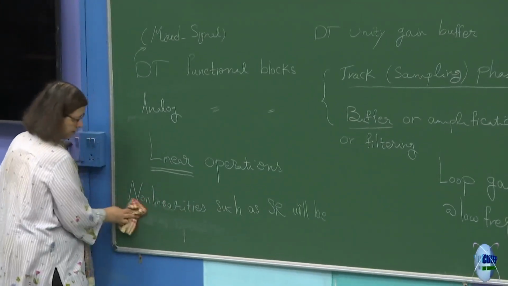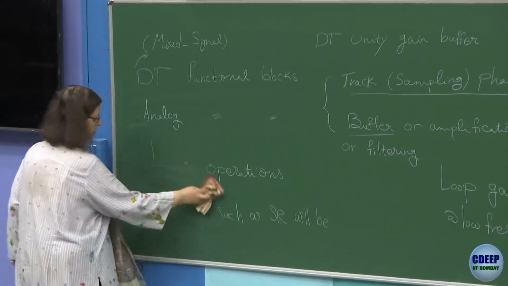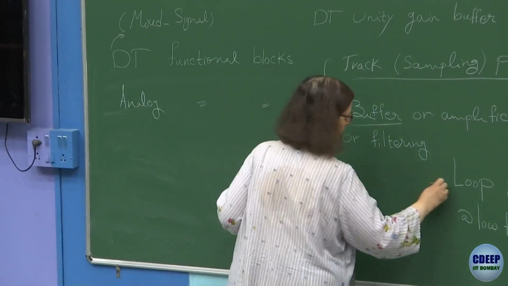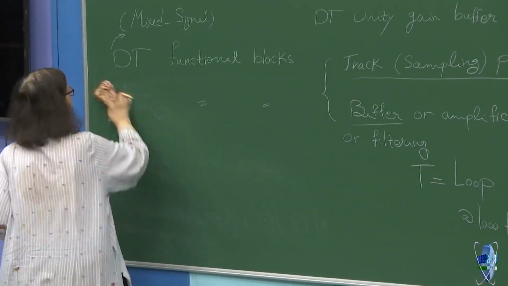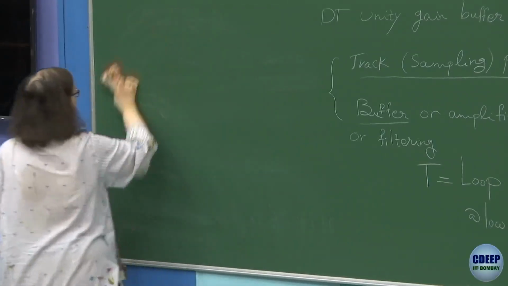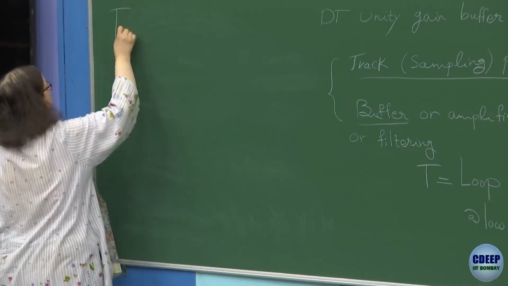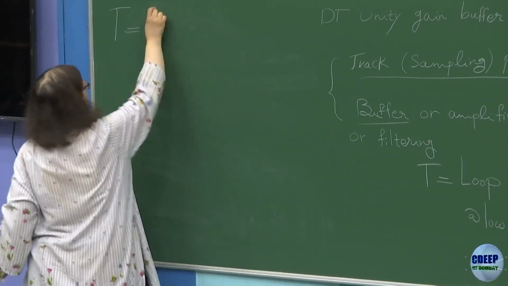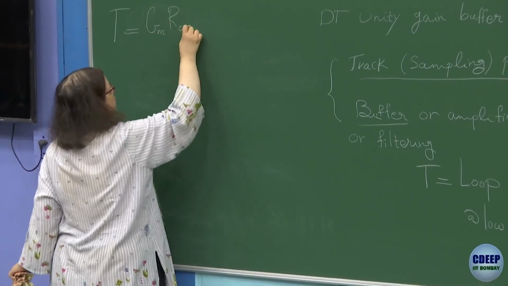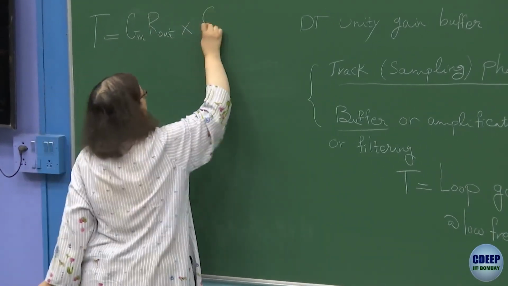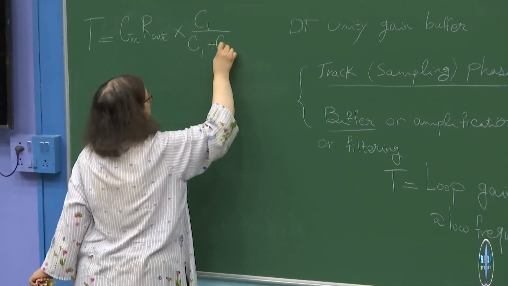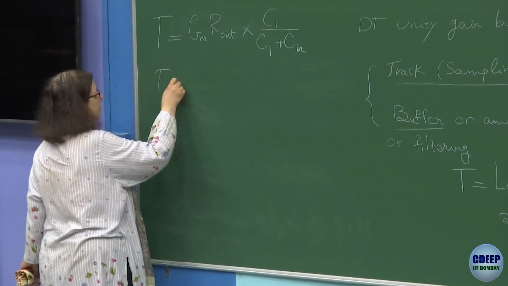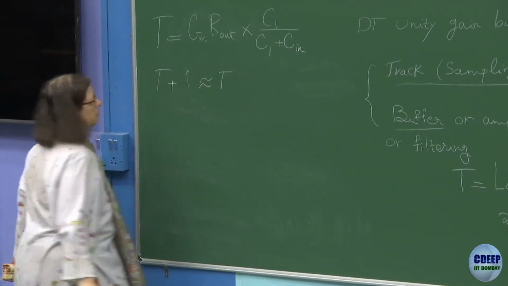Of course, it is 1 plus loop gain, but because the loop gain is very high, it's almost 1 plus T. We usually show the loop gain with capital T. So 1 plus T is almost T, based on the op-amp parameters, GM R out, and the feedback factor, because GM R out is pretty high.